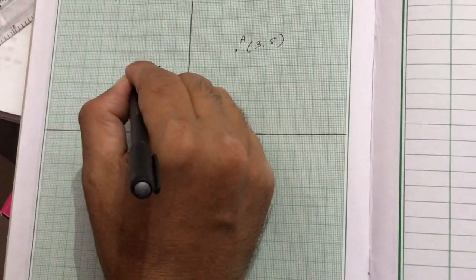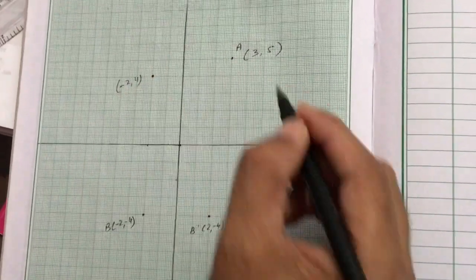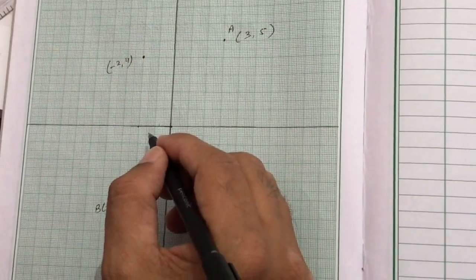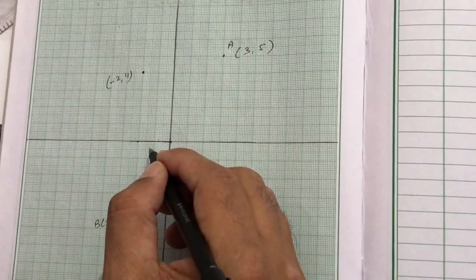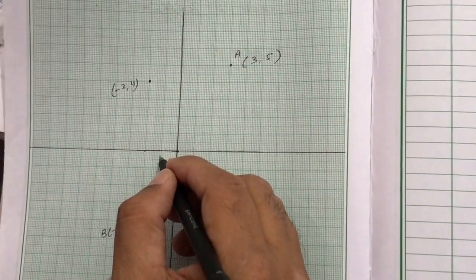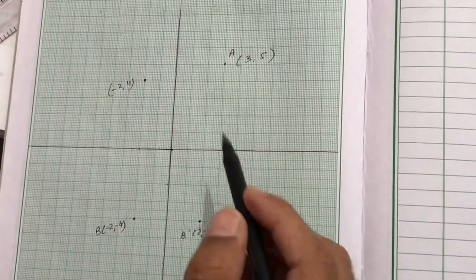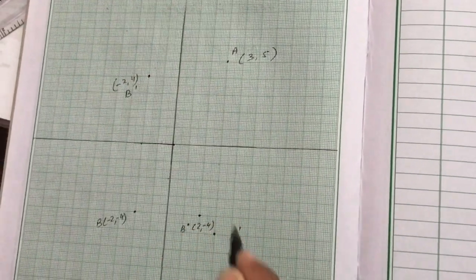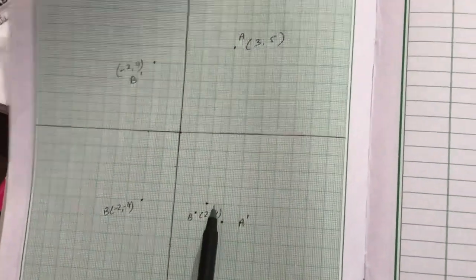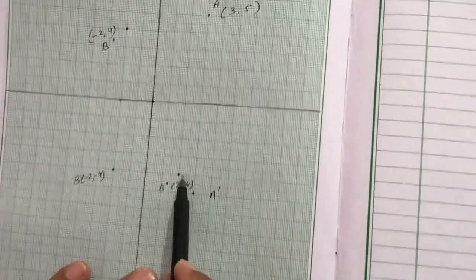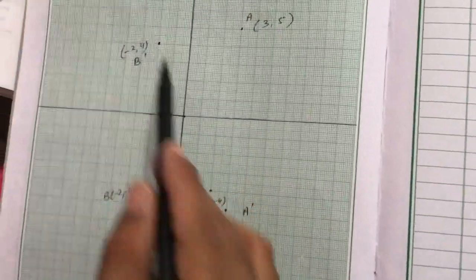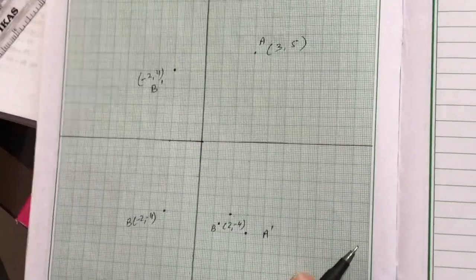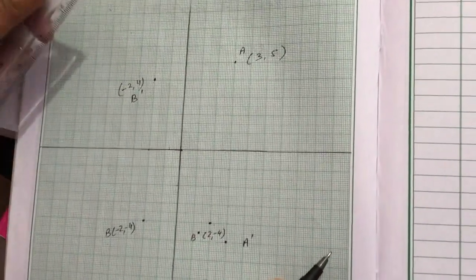This is minus 2 and 4. Now I have to find, this is B dash, not this one is not B dash. First I reflect B in the y-axis, then I reflect it in the origin.